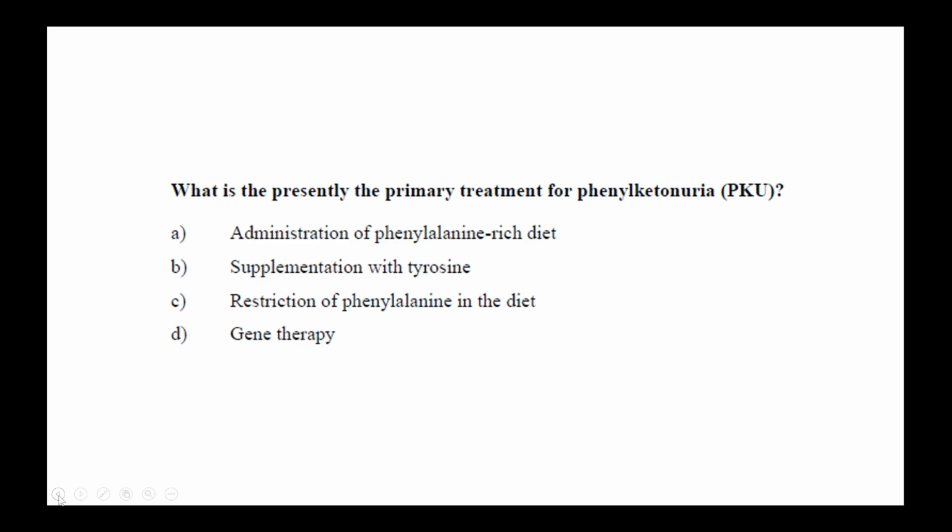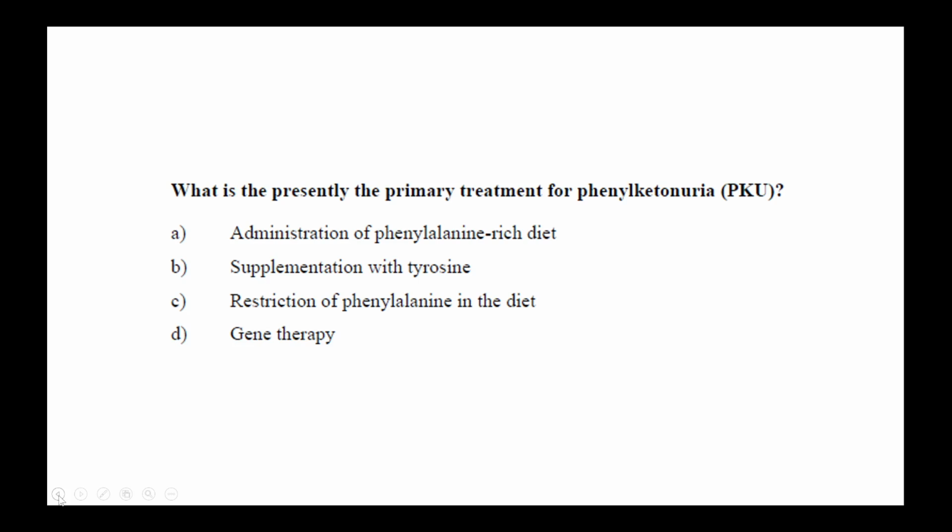So basically, this phenylalanine keeps getting accumulated because it cannot be converted into tyrosine. So there are other enzymes, some aminotransferases, that convert this phenylalanine into phenylpyruvate.